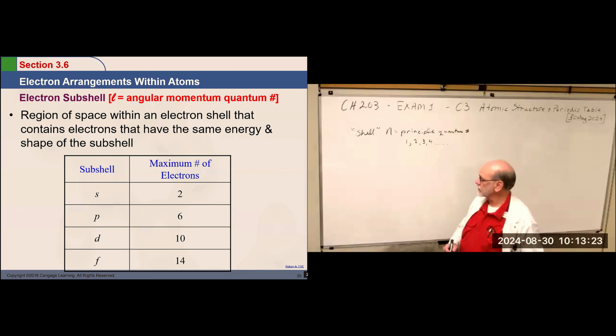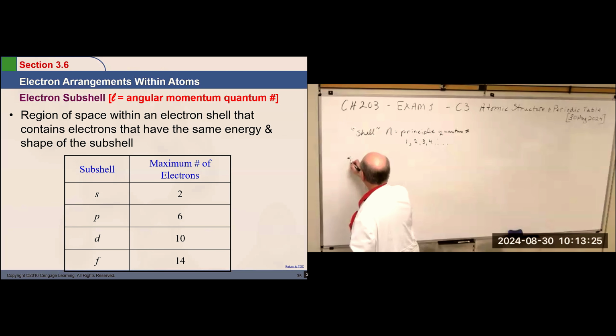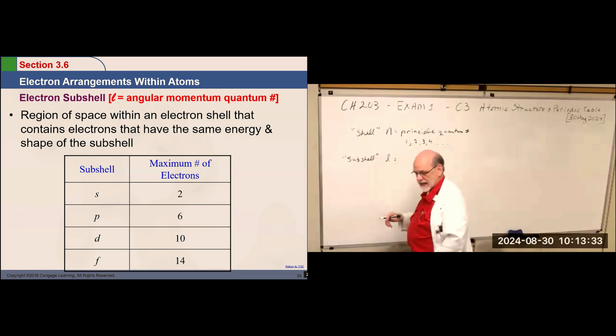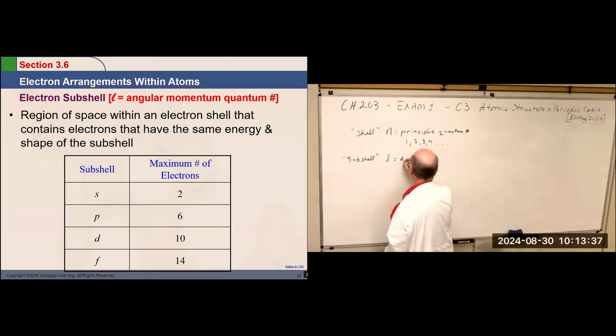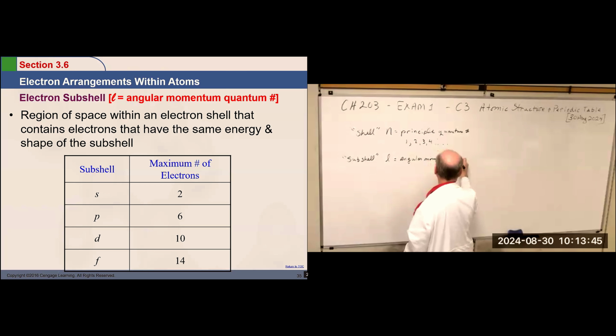The subshells are given the letter L, and these are the angular momentum quantum number.